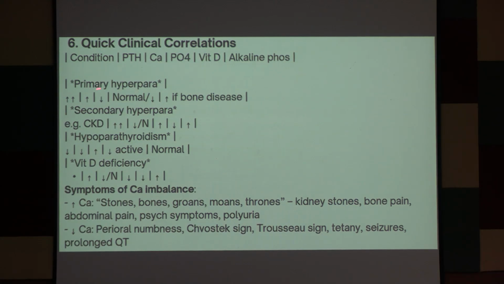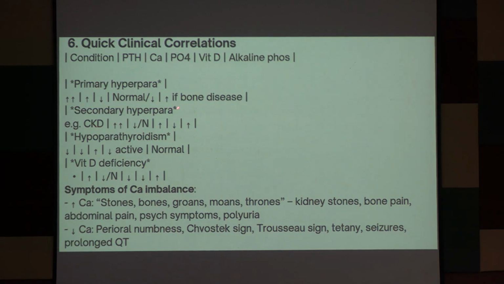In primary hyperparathyroidism, PTH will increase. The primary problem is in the parathyroid gland. So, parathormone will be increased. Calcium will increase, phosphate will be low, vitamin D normal or low, and alkaline phosphatase will go up only if there is other bone disease.